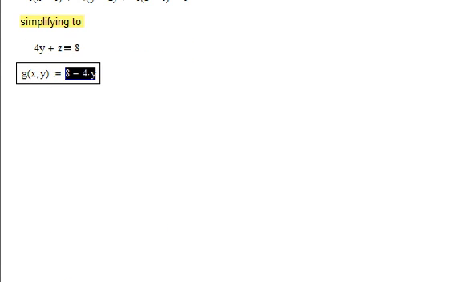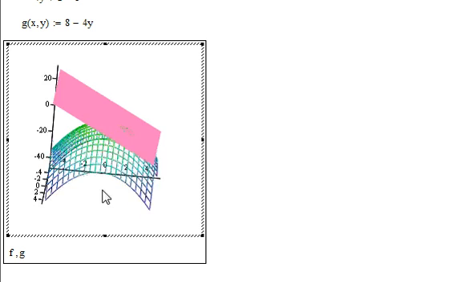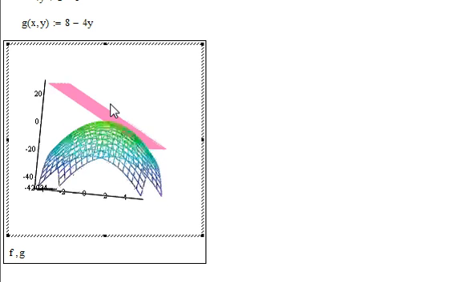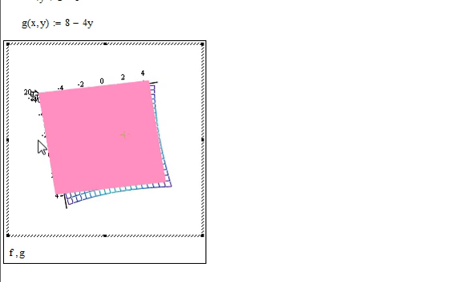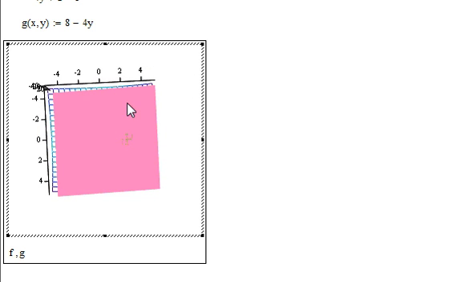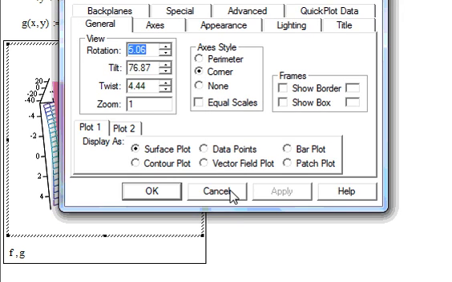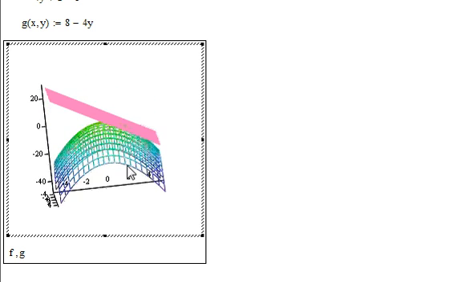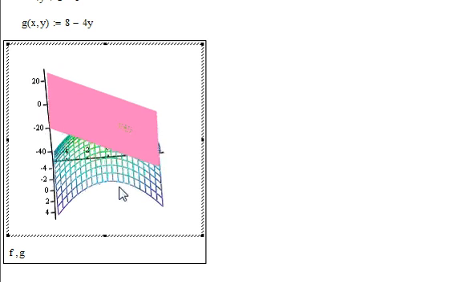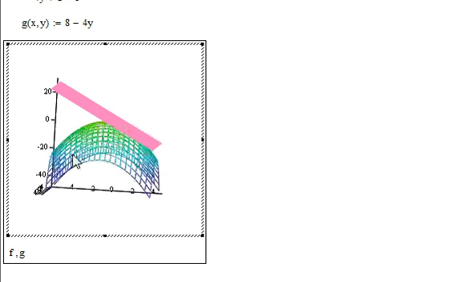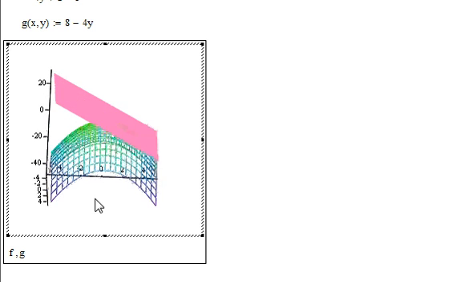And hopefully you'll be able to see the graph of the surface, that paraboloid that we looked at before, and at the point where x is 0, y is 2, right about here, you can kind of see that the surface is tangent there, because you can actually see a little blob of surface paint if you want to call it that at that point. But there is that tangent plane at that given point.